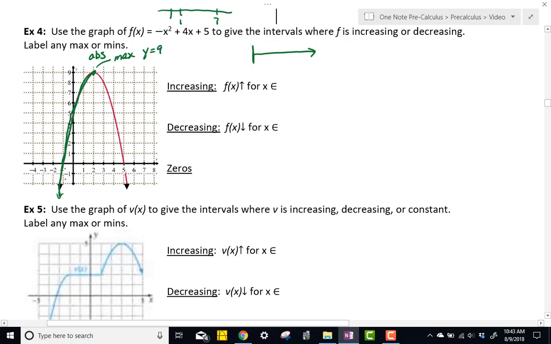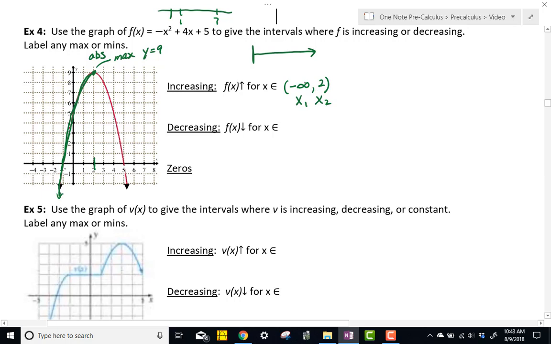Now, because it never stops increasing, we say that x is in the interval from negative infinity all the way up to where x is equal to positive 2. Notice again, I'm looking at x values here. This is x1, this is x2. So from some smaller x1 to some larger x2, my graph is increasing.